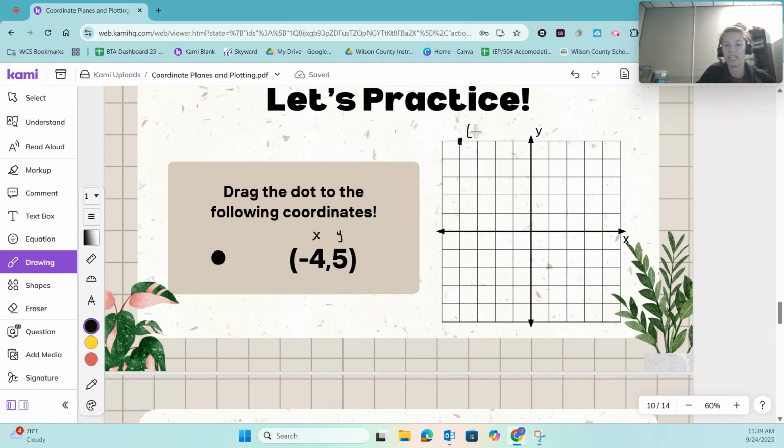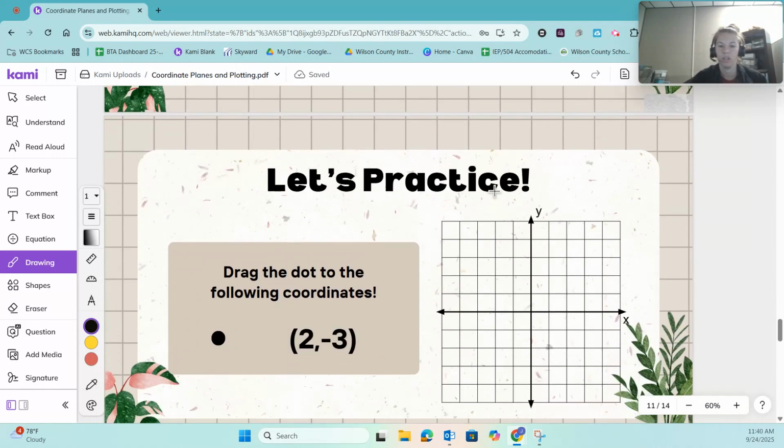This point ends up in quadrant 2, which is my negative-positive quadrant. Quadrant 2 has negative numbers on the x-axis and positive numbers on the y-axis. Those are the types of numbers that end up in quadrant 2.